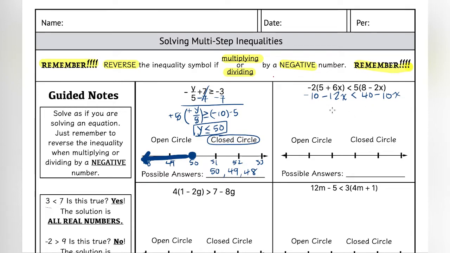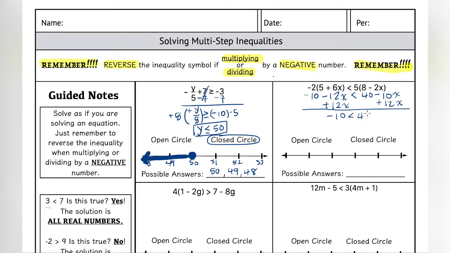And here I want to add 12x to both sides. I can technically add 10x to both sides, but I prefer to add 12x so that I have a positive x as an outcome. I like that better. It's easier for me to work with.